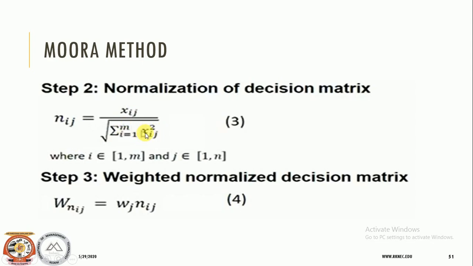This means we need to square each value present in the decision matrix. When we are dealing with a value in a column, that value shall get divided by the square root of the sum of squares of the values present in that column. Then as usual, the weighted normalized decision matrix: once you get the normalized value, you multiply it with the weight and you get the weighted normalized decision matrix.